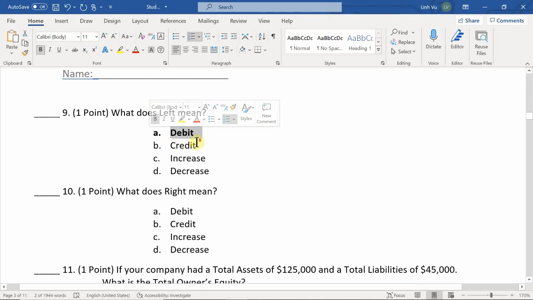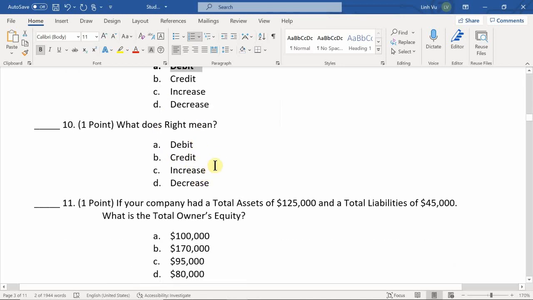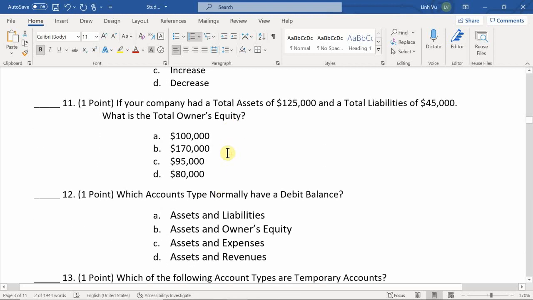What does right mean? You only have so many answers that you could choose from. A credit. It means credit, yes. Okay. Number 11, okay? If your company had total assets of 125,000 and total liabilities of 45,000, what is your total owner's equity?